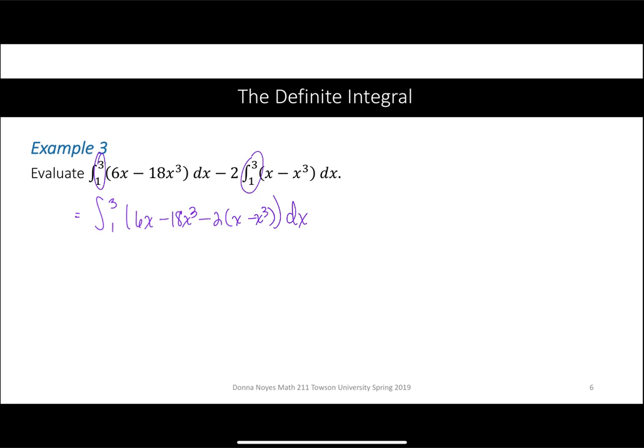So we can combine them together. This is sort of the reverse of the sum or addition rule.